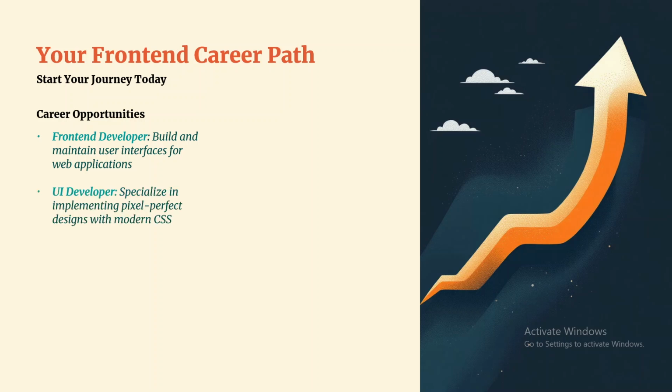A UI developer also implements precise design with advanced CSS. Next, web designer, where combined design and coding skills are required. Here you will create complete experiences. If you learn all these things, you can become a front-end developer, UI developer, or web designer.